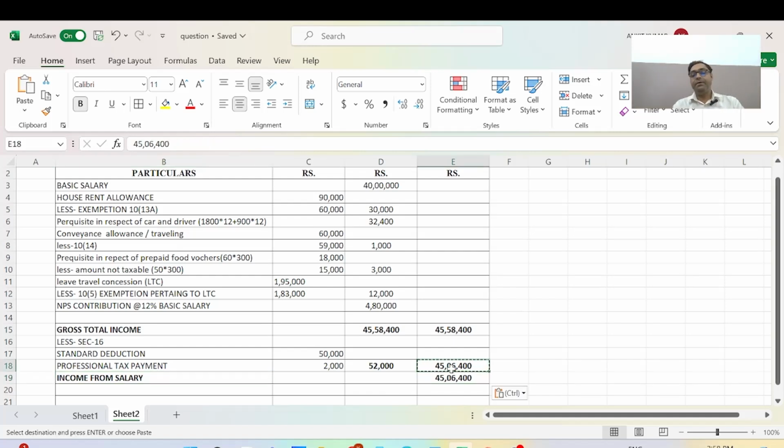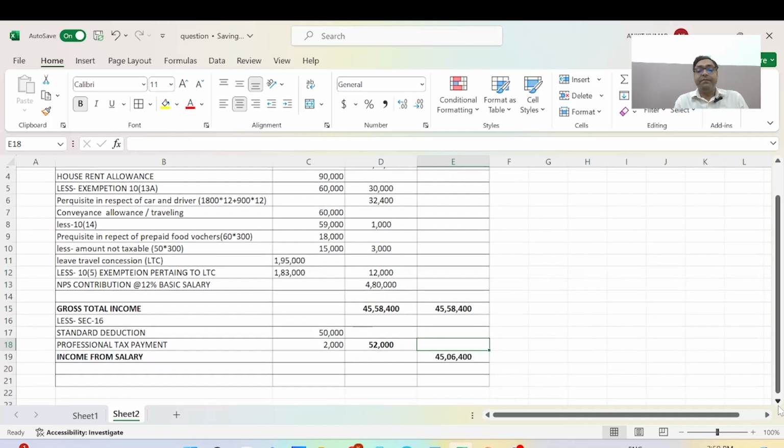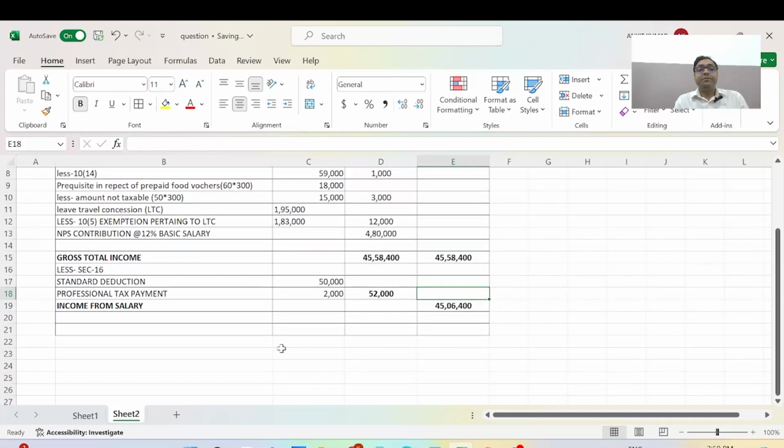First we complete the income from salary, and after that we will calculate income from house property, income from business and profession, and income from capital gain, all as per the information given. We calculate on the basis of the information. Now we will calculate the income from house property.